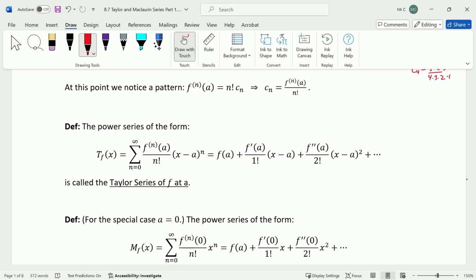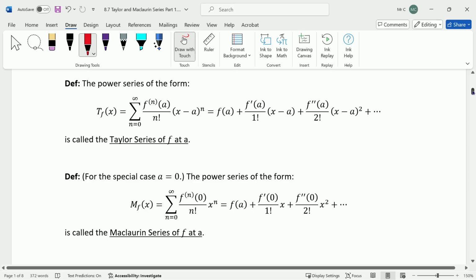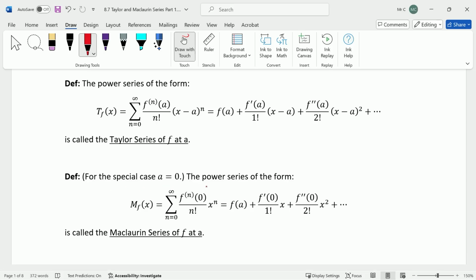Now, we often deal with a simpler case of the Taylor series where a is equal to 0. For that special case, when a is equal to 0, the power series of the form M sub f of x is the sum from n equals 0 to infinity of the nth derivative of f at 0 divided by n factorial times x to the nth power, which expanded looks like this, and is called the Maclaurin series of f.